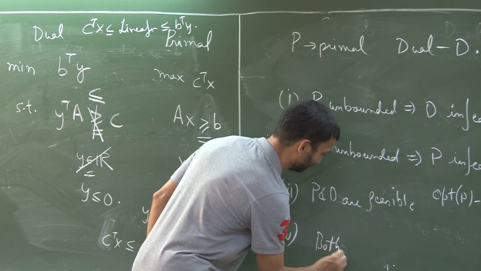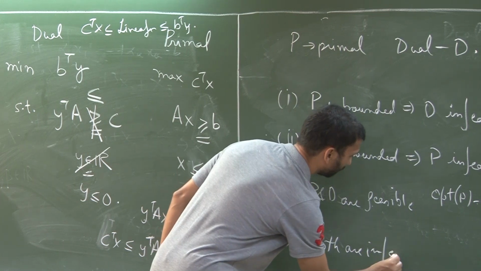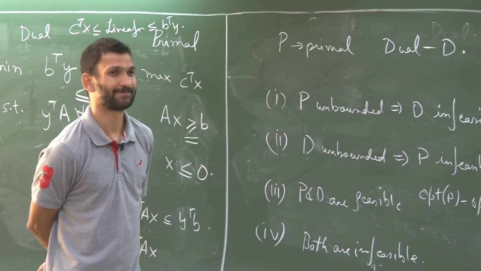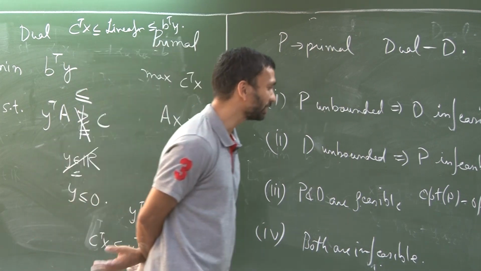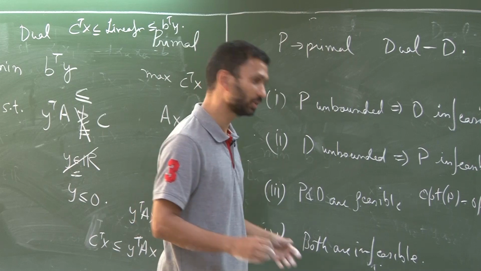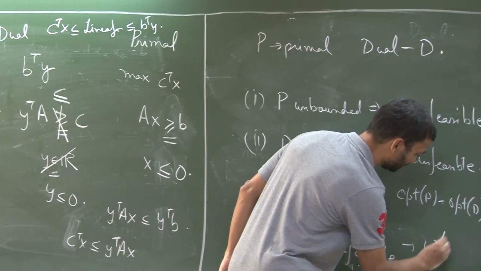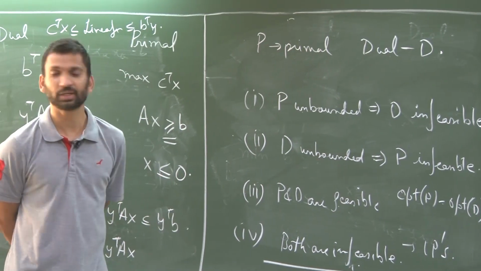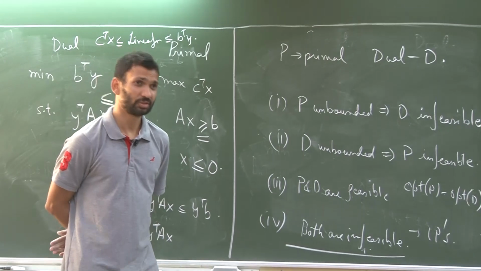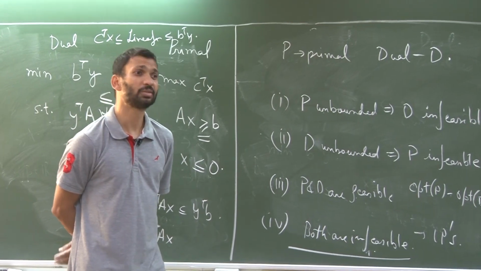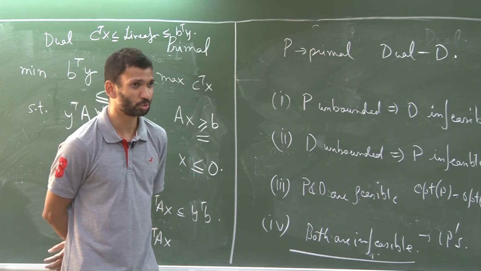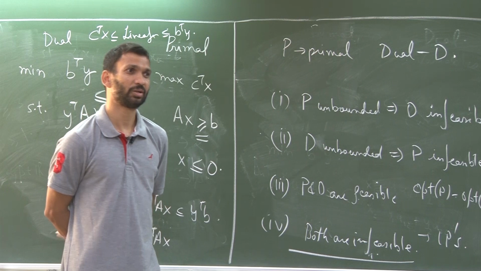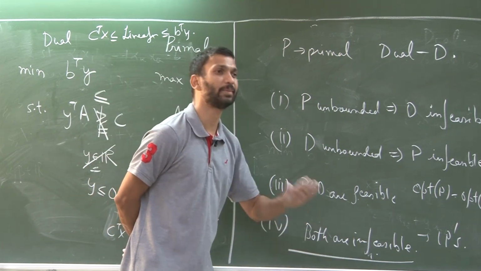What do you think? Okay, let me not keep the suspense. I don't have any intuition about this. It turns out there are LPs where both are infeasible. If you are very curious, do a Google search for Rajat Mittal, CS655, course notes, duality, you will see an example there. So yes, both programs can be infeasible.